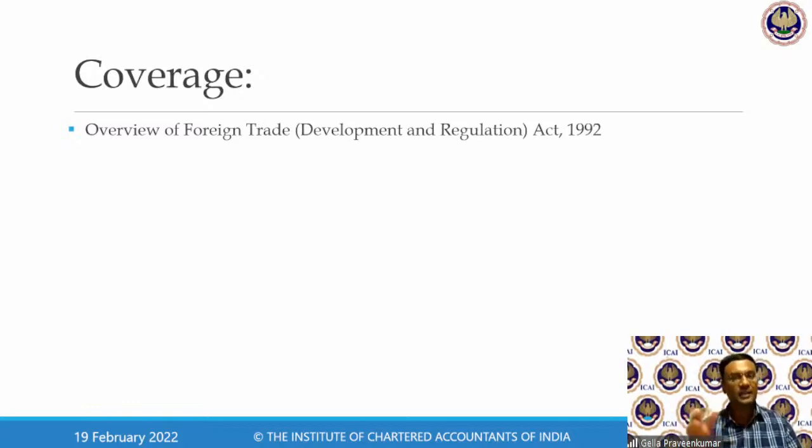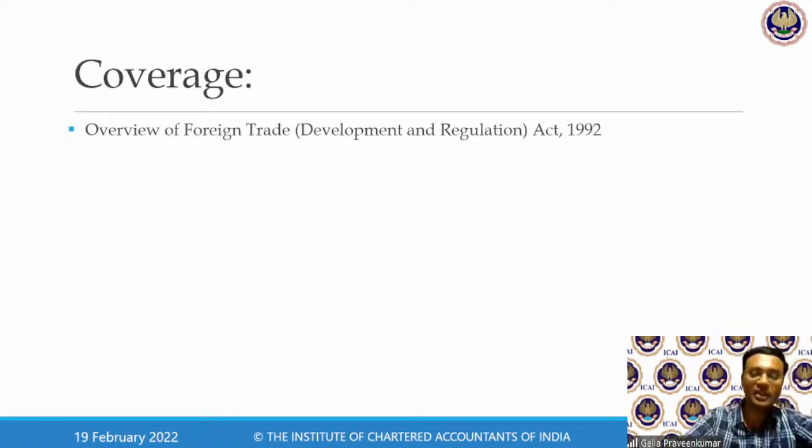And what is there in your syllabus, similar to your customs law, is a very nominal portion, considering the depth of coverage required to understand it. Today's session, we will have an overview of the Foreign Trade Development and Regulation Act 1992. 1990 is the golden era where we had globalization, where a plethora of opportunities opened up for Indian traders.